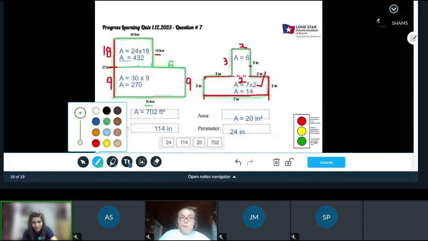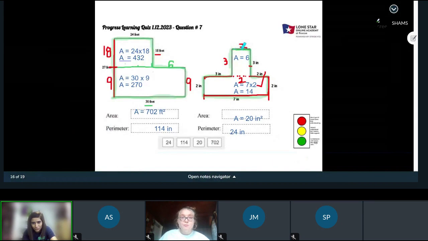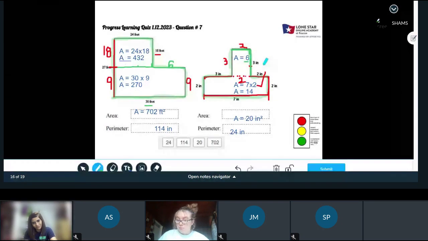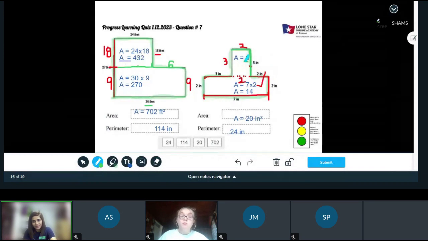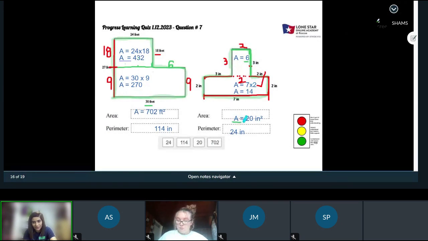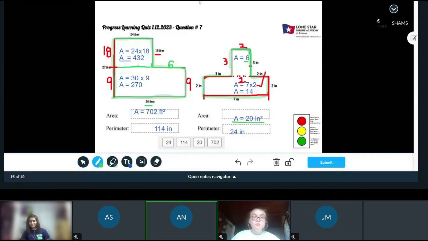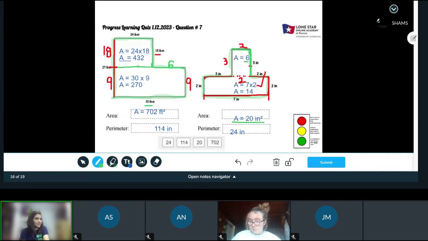In the top part, the base is 2 and the height is 3. When you do 2 times 3, you get an area of 6. When you add 6 and the 14 together, you get the total area of 20. Okay, Faith? That makes sense? Okay, let's go ahead and move on.